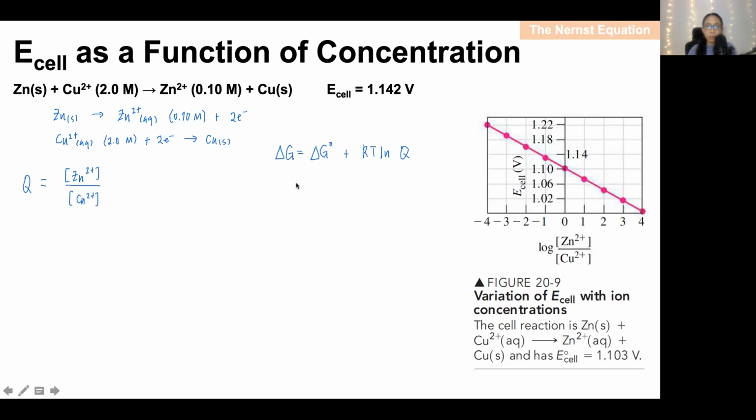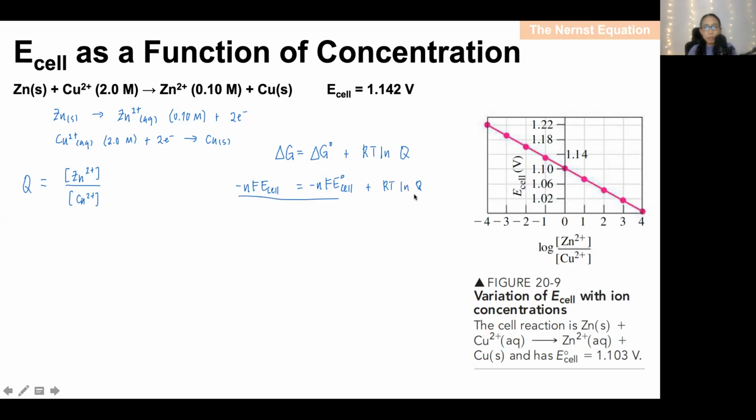And then delta G naught is equal to negative NF standard cell potential. We can also write a counterpart formula wherein what we have is just the non-standard state potential, your cell potential in a non-standard state. Okay, so that's without the naught symbol. Plus RT ln Q.